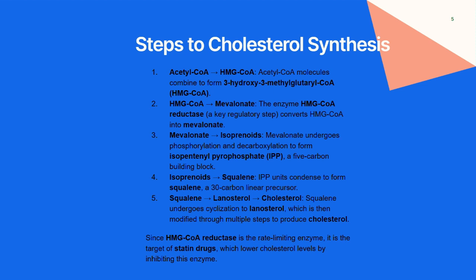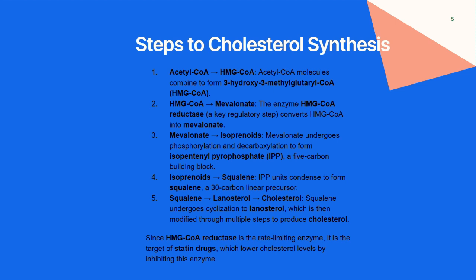And then from there, the isoprenoids go to squalene. The IPP units condense to form squalene, which is a 30-carbon linear precursor. And then from squalene to lanosterol, and then from there to cholesterol. Squalene undergoes cyclization to lanosterol, which is then modified through multiple steps to produce cholesterol.